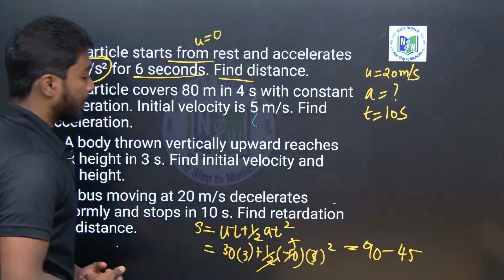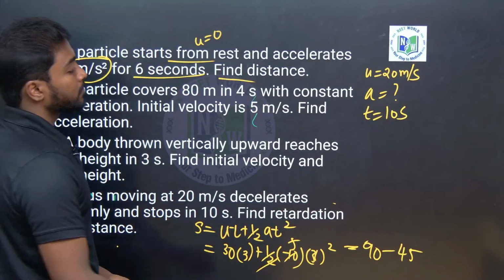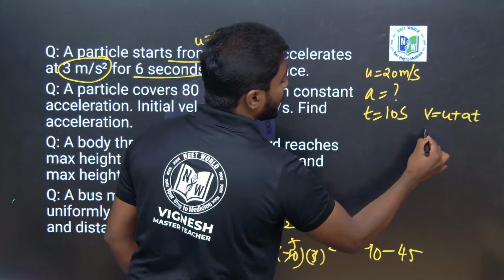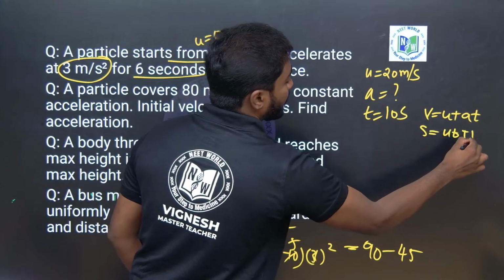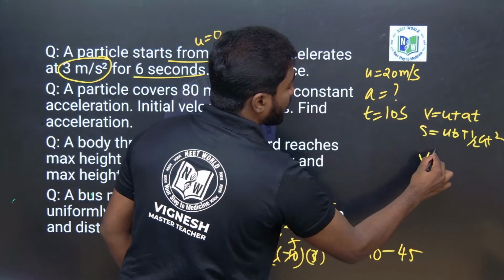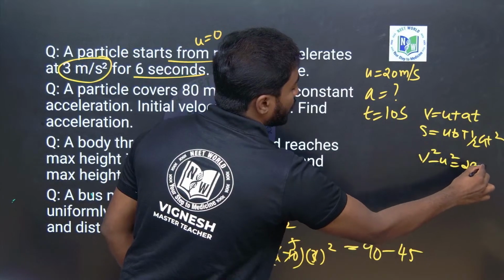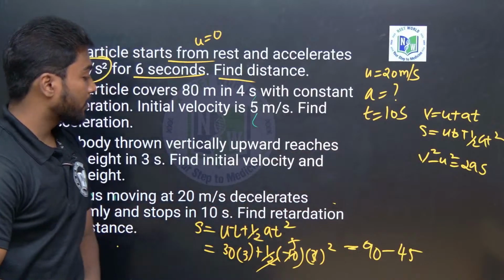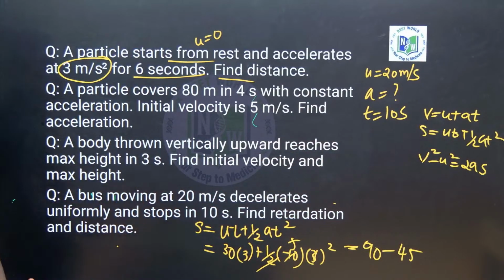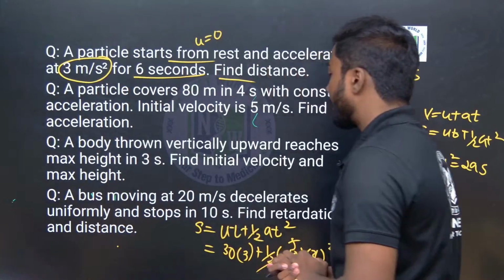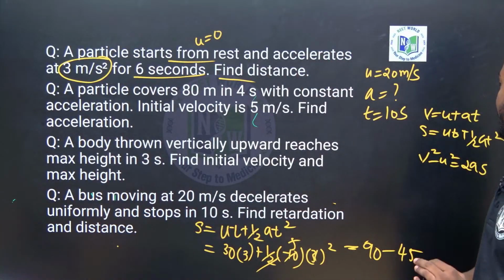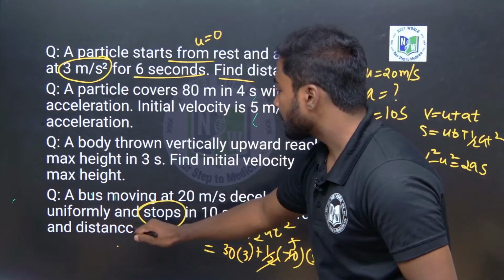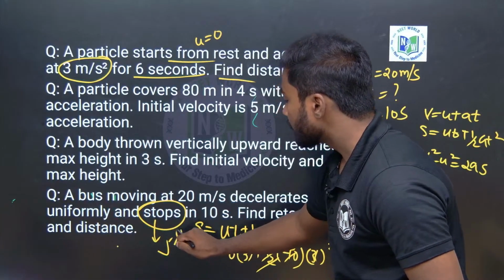The equations are v equals u plus at, s equals ut plus half at square, v square minus u square equals 2as. Stops means v equals 0.